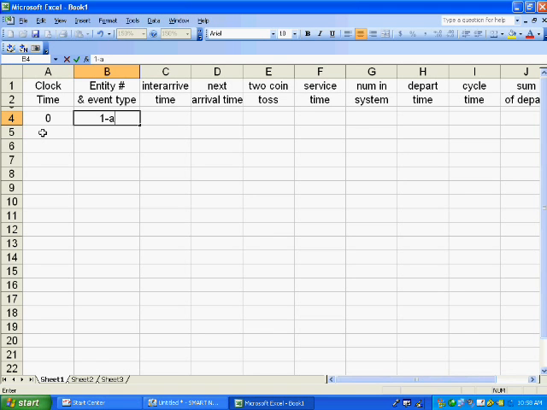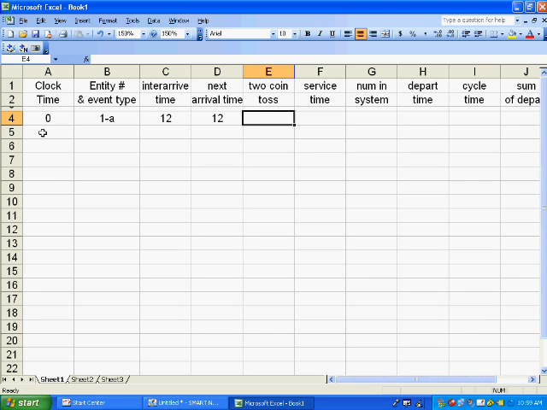The first rule we need to remember is that whenever there's an arrival, the first thing that happens is the next arrival time is calculated. Our inter-arrival time is always going to be 12 for this case, because we have arrivals every 12 minutes. So the next arrival time is 12.